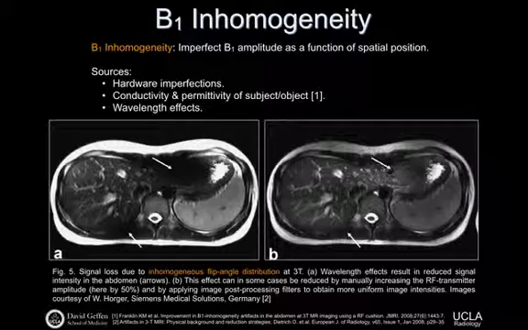We refuse to use the word heterogeneity. Don't know why. So B1 inhomogeneity means we have an imperfect B1 amplitude as a function of spatial position, right? So I want 90 degrees across, say, my whole image to tip everything over the same amount. But for some reason, and that can be a consequence of the interaction of the subject and the coil themselves, right?